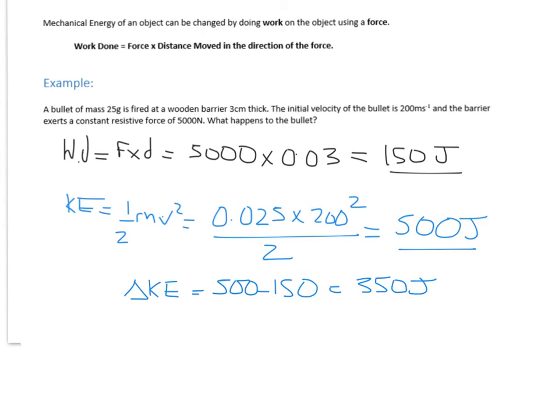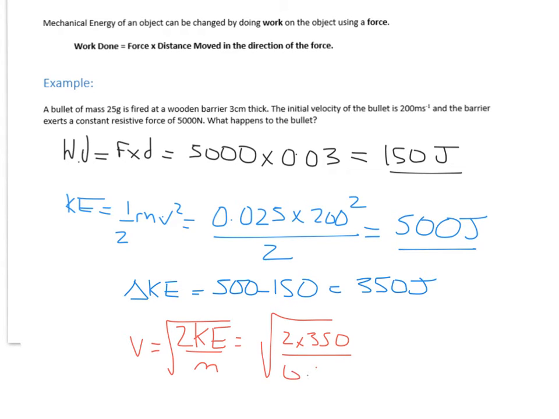And then if we want to calculate what that speed is, we can rearrange the kinetic energy equation into this form here. It's going to be the square root of 2 times 350 divided by the mass of your bullet.